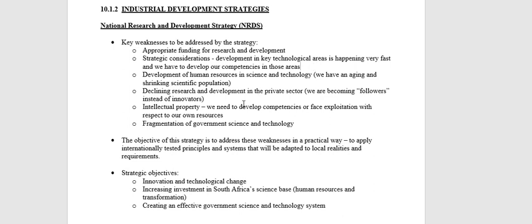Then we also have to make sure that our human resources in science and technology is developing. This is why at schools there's a lot of focus on science and technology. At the moment, our scientists out there in the job market, it says that we have an aging and shrinking scientific population. So the very qualified scientists that we do have are aging, they're busy retiring, and we don't necessarily have anybody to replace them with.